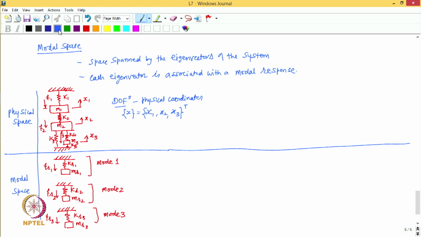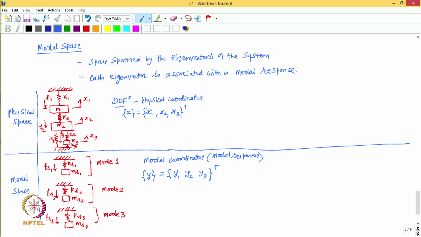So, this space is described by modal responses y1, y2, y3. So, these are the modal coordinates, or modal responses, right.